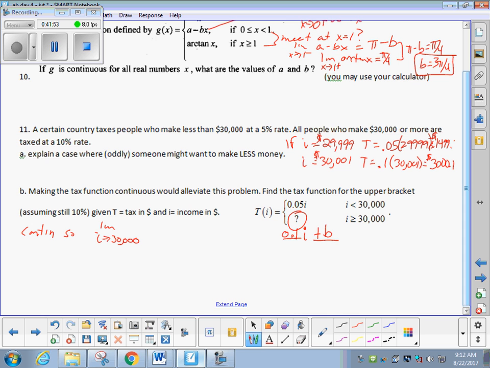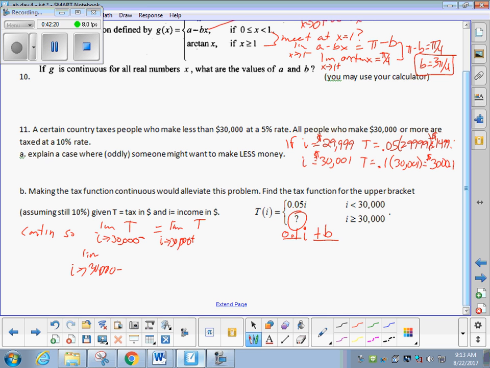Let's go from below, of what? What's the function? T of I needs to equal the limit as I goes to 30,000 from above of T. The limit as the income approaches 30,000 from below. What's the branch from below?